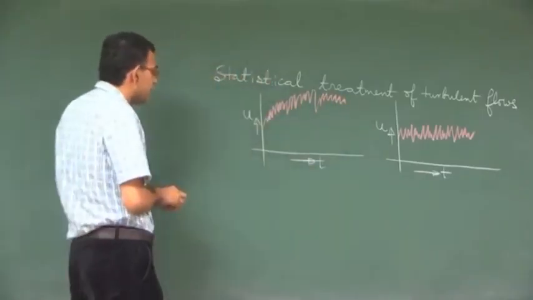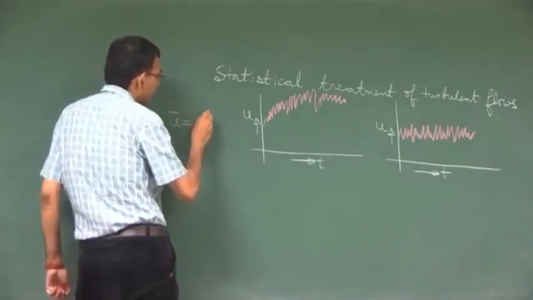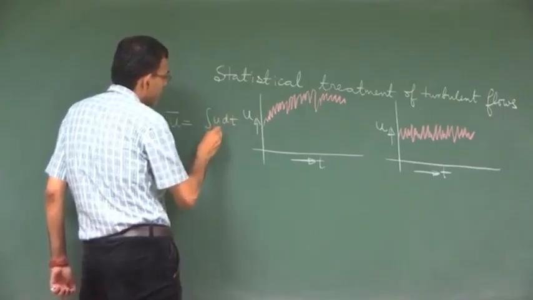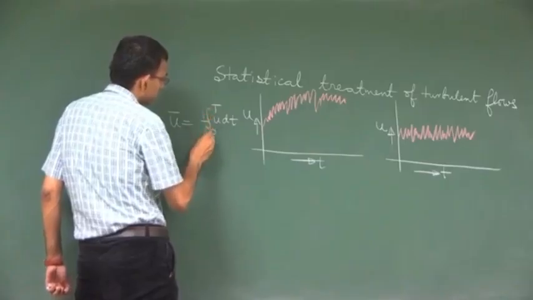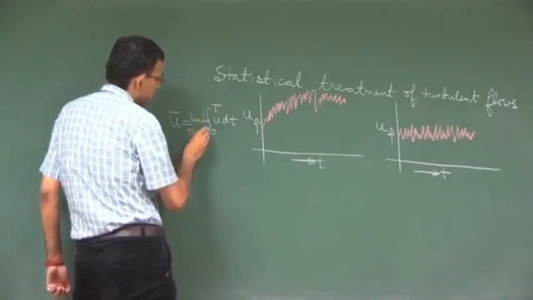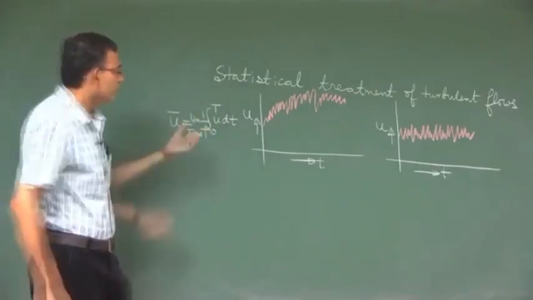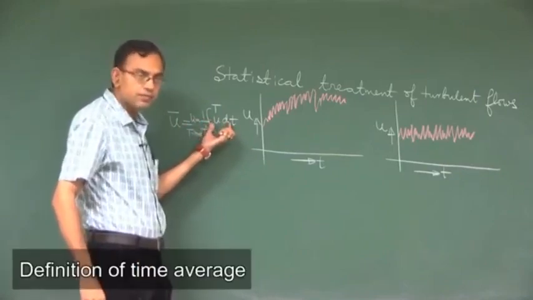How do you define the statistical average? You define u bar as this. So, what is this? Essentially you are integrating u over time.